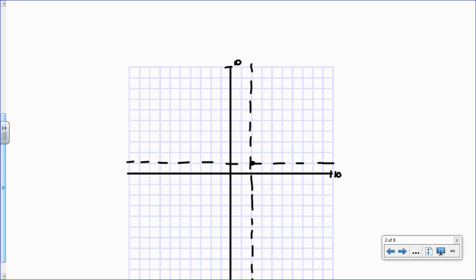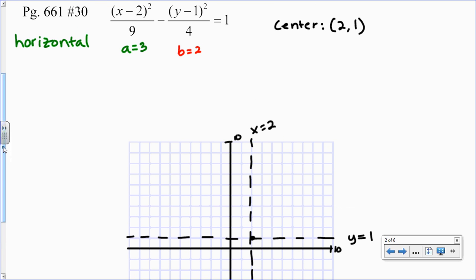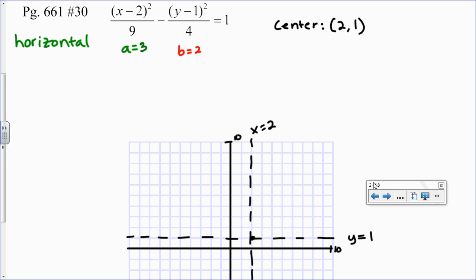The horizontal lines are y equals, and it's the y coordinate of the center. Vertical lines are x equals, and it's the x coordinate of the center. Since this hyperbola is horizontal, then the horizontal axis is the transverse axis. Okay? And then this one is the conjugate. We have to label the conjugate. You'll have to know which one is which.